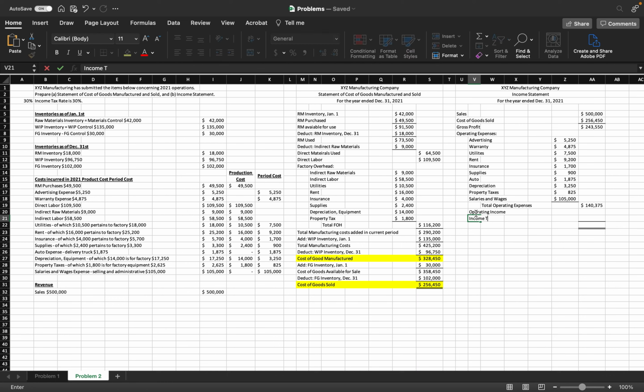And we're going to have an income tax expense, and then that'll get us to our net income. For the operating income, it's going to equal our gross profit minus all these operating expenses.